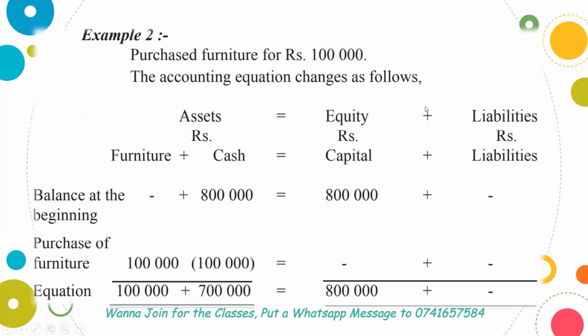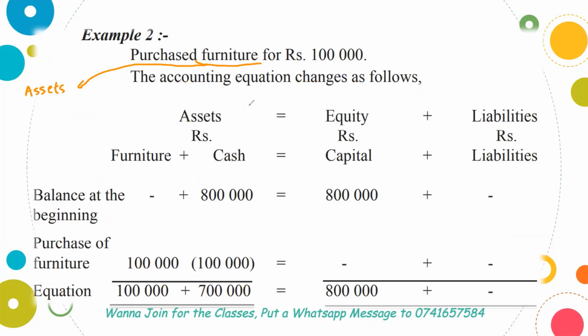So example number 2, purchased furniture for 100,000. The accounting equation changes as follows. Now you should have an understanding of what furniture is. Furniture is an example of an asset, right? Furniture are assets of our business.